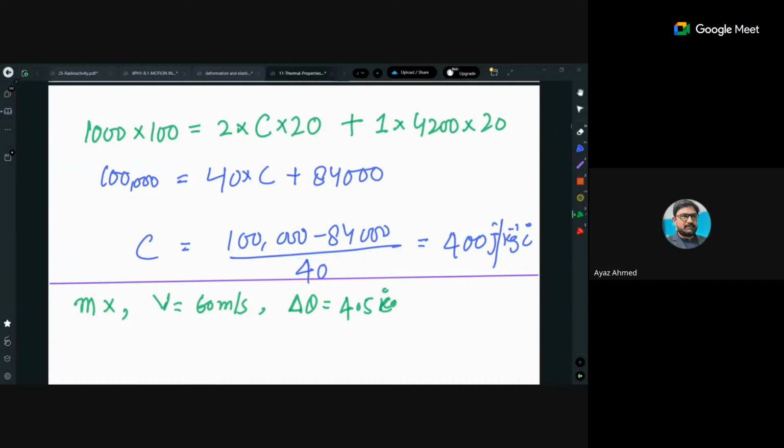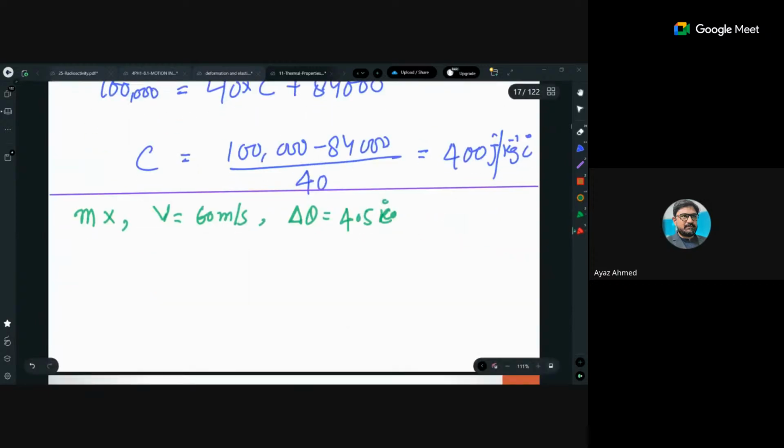Now, what will I do? I will just apply the concept that loss in kinetic energy, because that bullet will lose its kinetic energy, right? Do you agree?